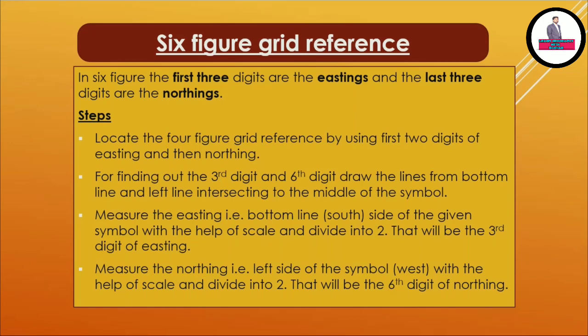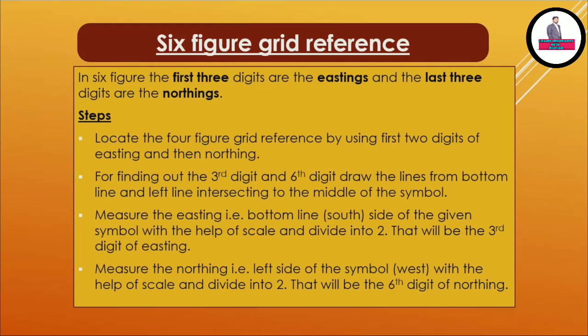Measure the easting, that is to say the bottom line south of the object, side of the given symbol with the help of scale. And you could see that in the scale 20 lines will be there because each grid will be having 2 centimeters. Then in which line the symbol is meeting, intersecting, count that and divide by 2. That will be the answer for the third figure of the grid reference, that will be the third digit of easting.